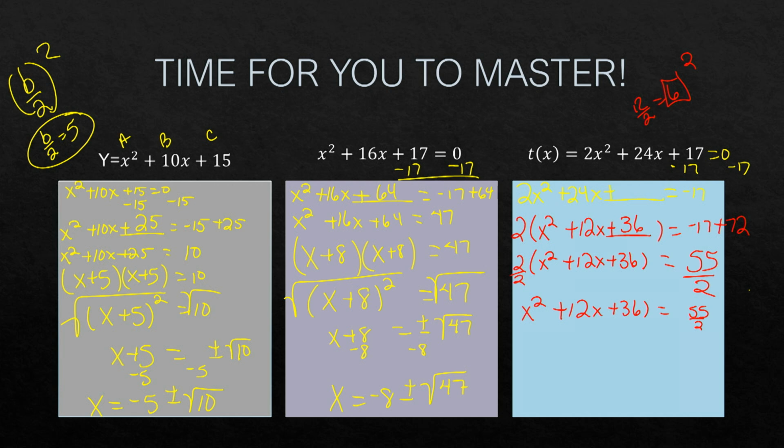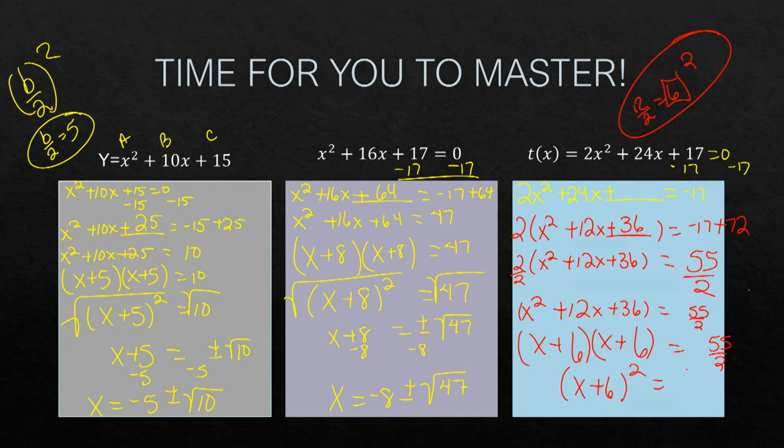I have to build those two binomials, so I have to have the factors of 36 that add to give me 12. Well, let's go back up here and what we learned. I'm going to use that 6, so I have x plus 6. X plus 6 I can rewrite as x plus 6 squared equals 55 over 2.